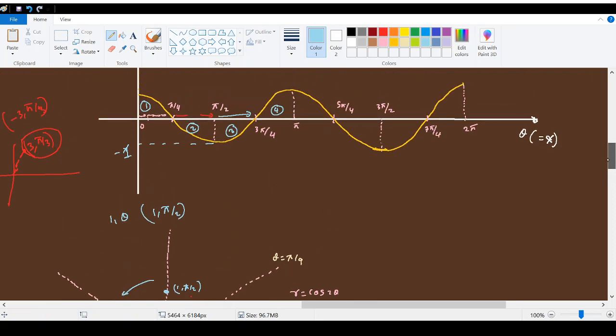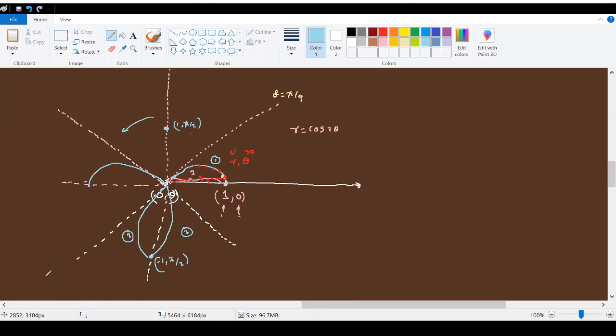And then for the points in here, the radius will decrease from 1 to 0 positively, and the angles will be from pi to 5 pi by 4. This is the 5 pi by 4 angle, and the radius will decrease like this, right? So this is the fourth portion and this is the fifth portion, right?